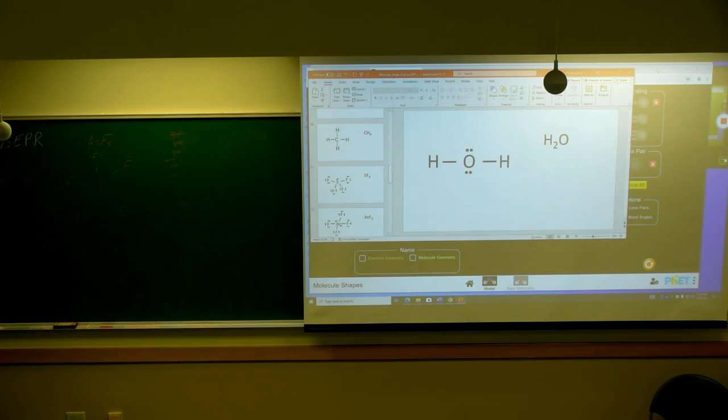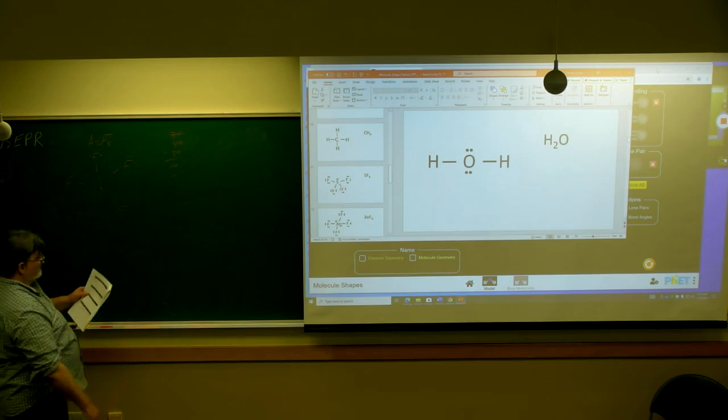Somewhere towards the end here, we get electrons on the middle. ClF3.